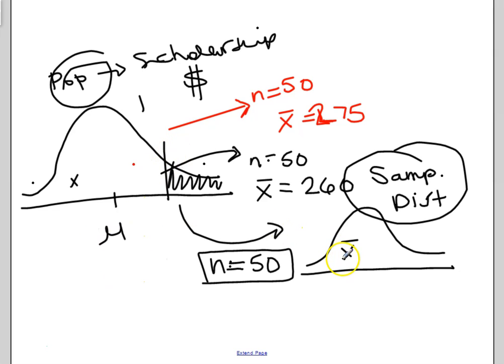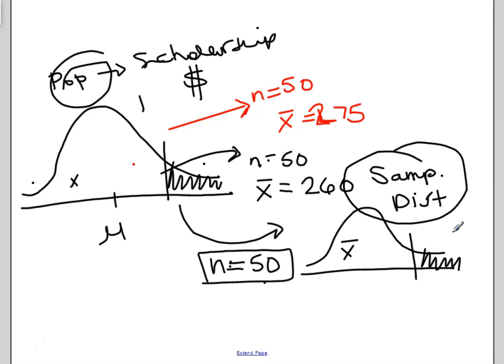But in this chapter, we'll be looking at what's the probability that a group of 50 students would have a scholarship money average of 280 or more. So the main difference in these problems is that instead of looking at one person at a time, we are looking at a group.